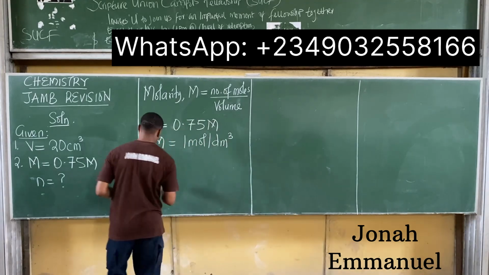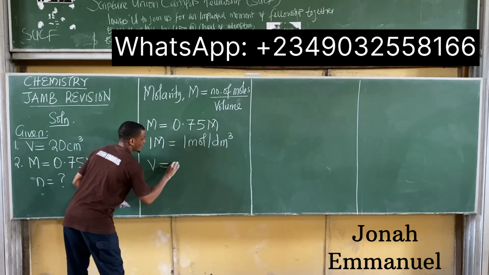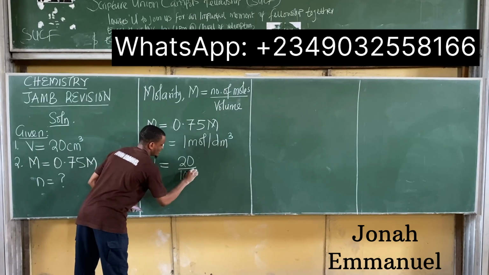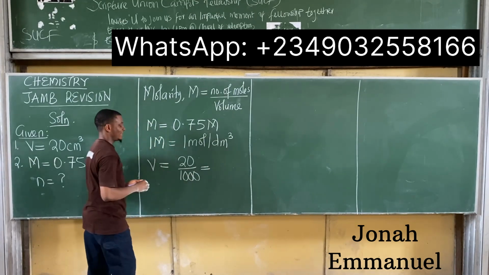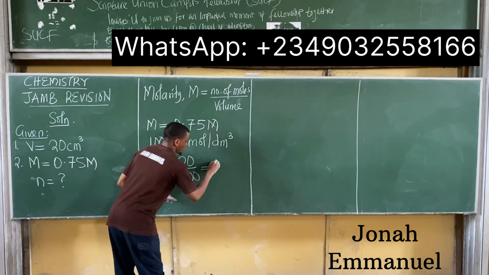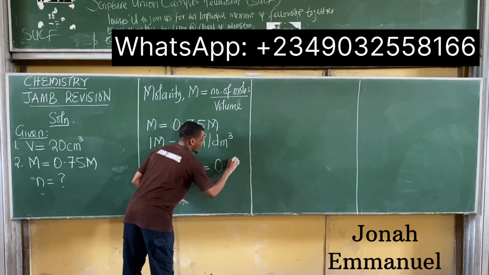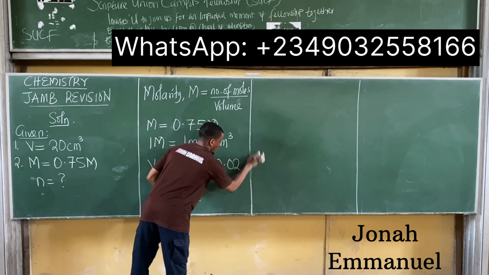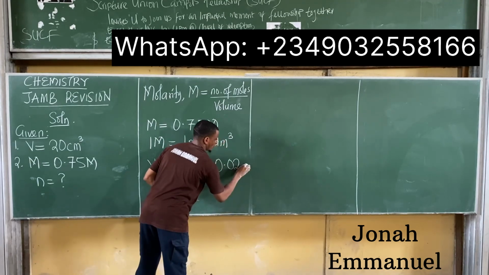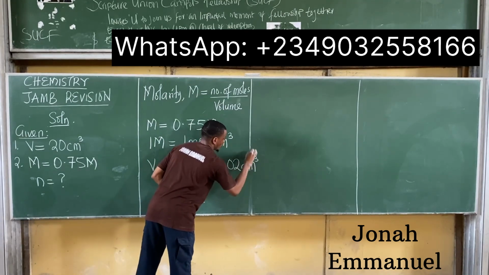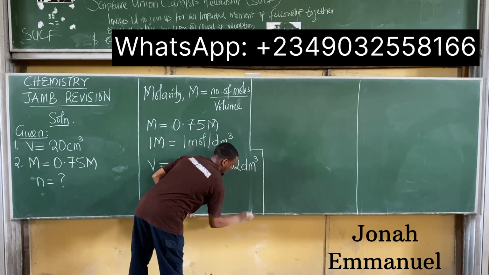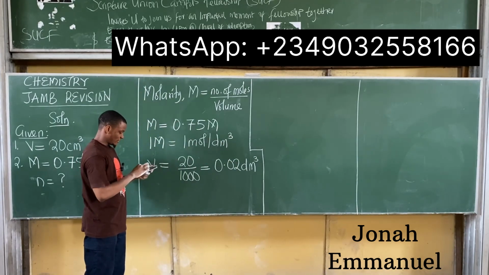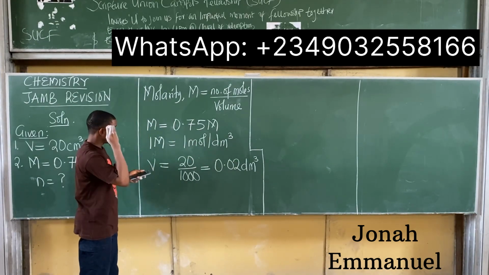That means my volume V is equal to 20 over 1000 to give me my answer in dm cube. And this will be about 0.02 dm cube. So I have successfully converted my volume to dm cube. All right, what's next in there?